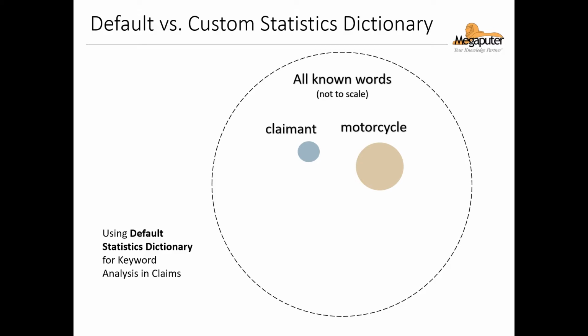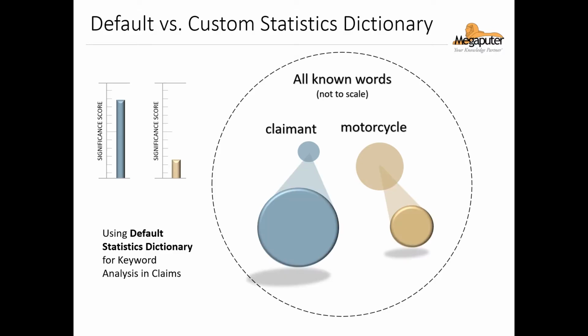So if we use the default statistics dictionary for keyword extraction in a dataset comprising insurance claims, the word claimant will have a very high significance, even though it would not be considered a particularly informative word in an insurance claim. In contrast, the word motorcycle would not appear as a keyword because its frequency in our dataset doesn't really deviate much from the frequency in typical English.